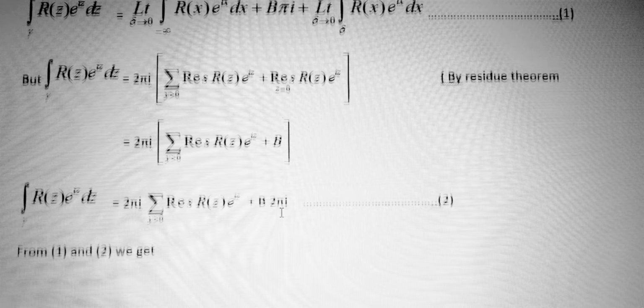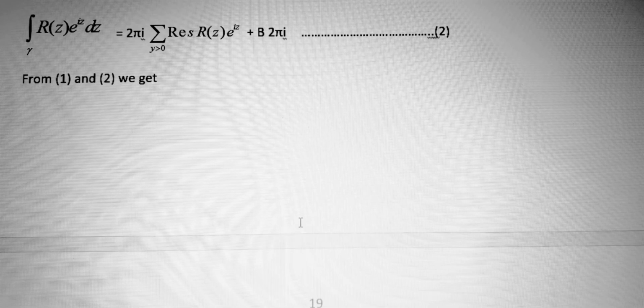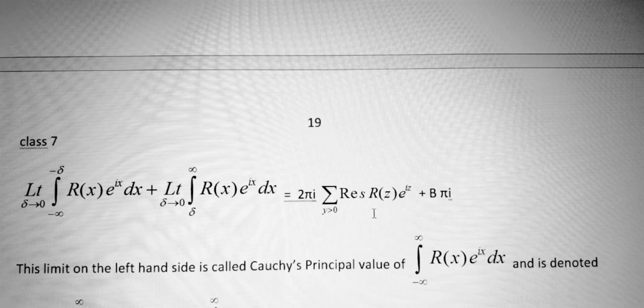So from 1 and 2, we get the limit as delta tends to 0 of the integral from minus infinity to minus delta of r(x) e^(ix) dx, plus the limit as delta tends to 0 of the integral from delta to infinity of r(x) e^(ix) dx, equal to 2 pi i times the sum of the residues of r(z) e^(iz) over y greater than 0, plus b pi i.